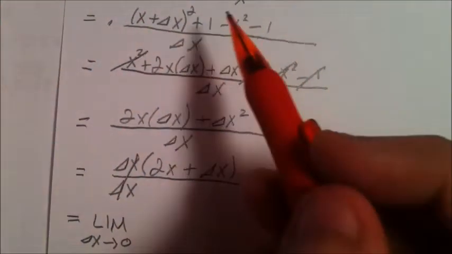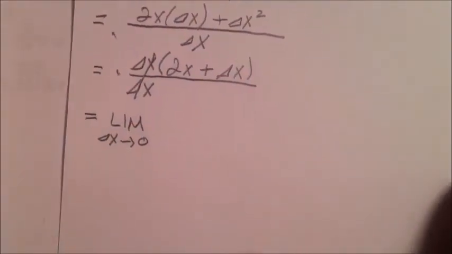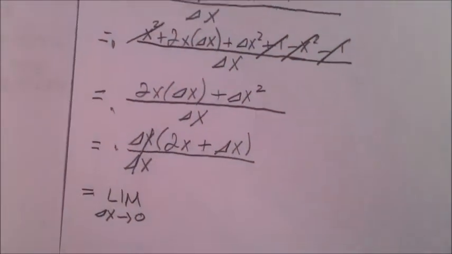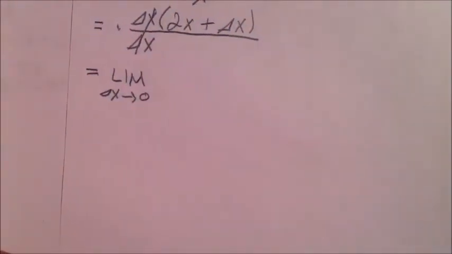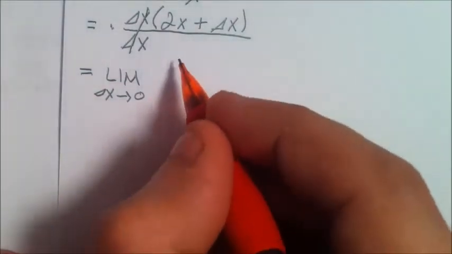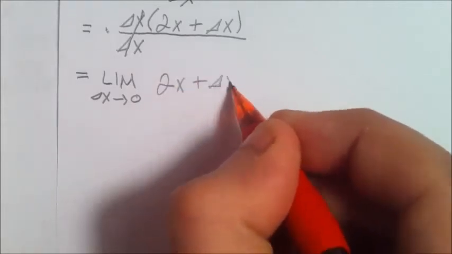It was there all throughout. I just pretty much withdrew it for the sake of saving some time. But the limit was there all throughout, and it's a good practice to just always write it out so you don't forget. And what we have here is just 2x plus delta x.